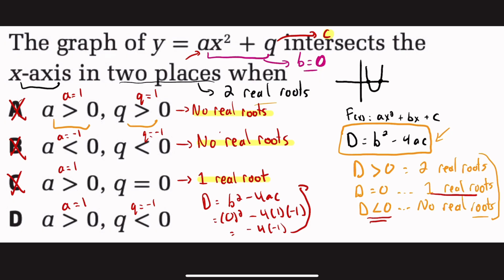This would cause our discriminant to have a value of 4. And according to the rules here, if it's greater than 0, then it has 2 real roots. So this is the option that is correct.